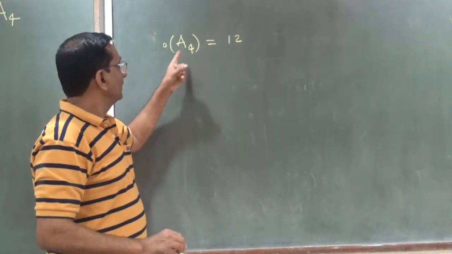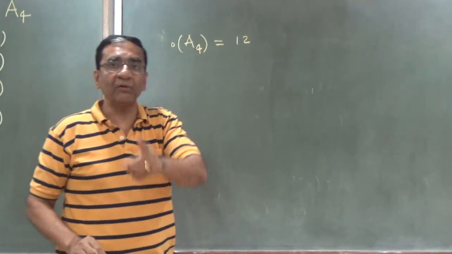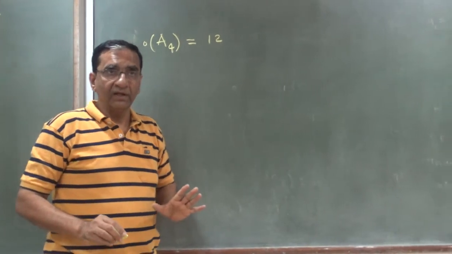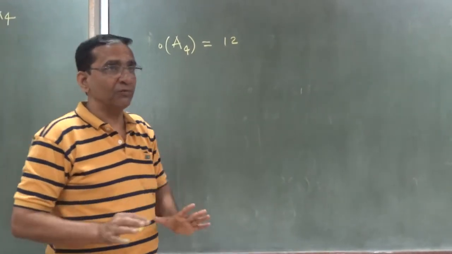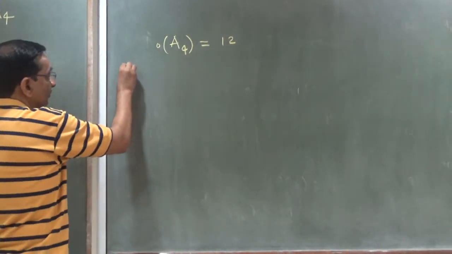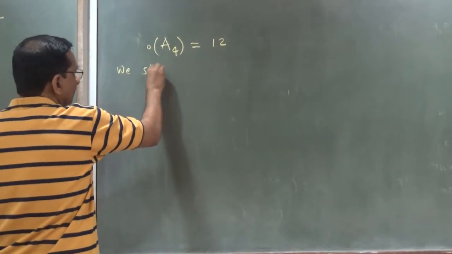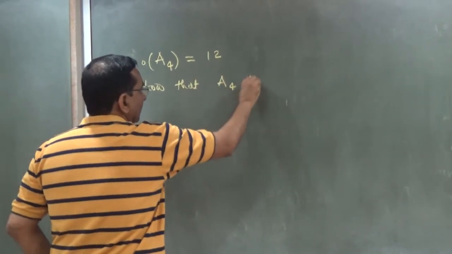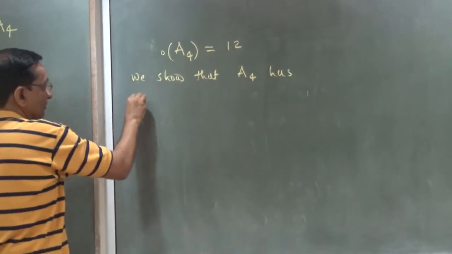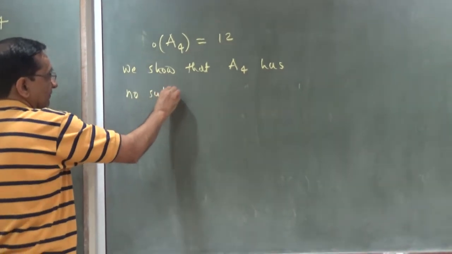So we will show that A4 does not have a subgroup of order 6. Though 6 divides 12, A4 has no subgroup of order 6.